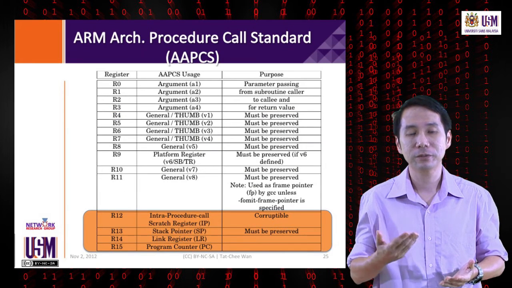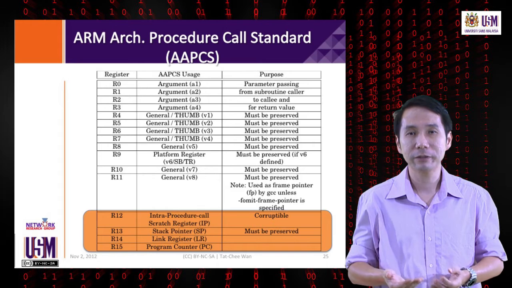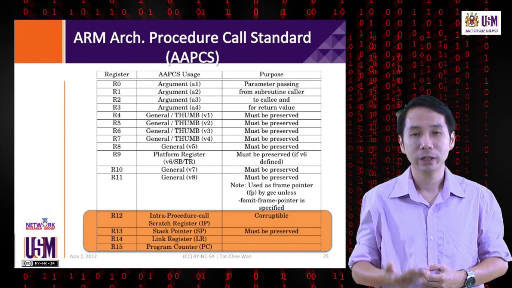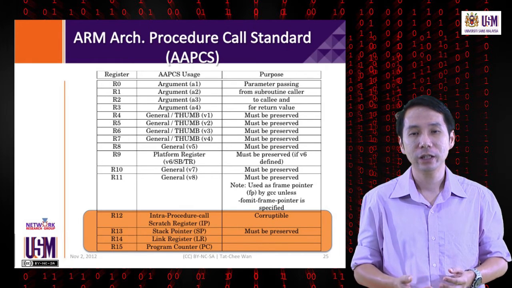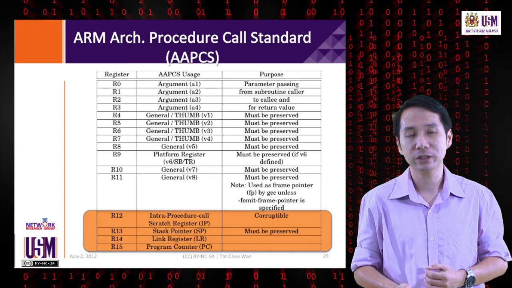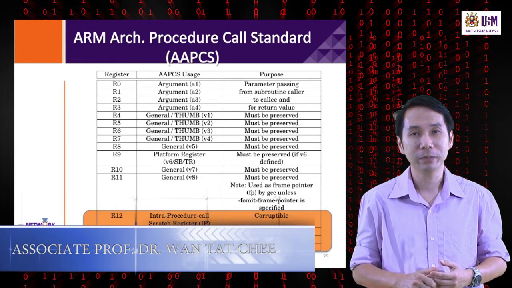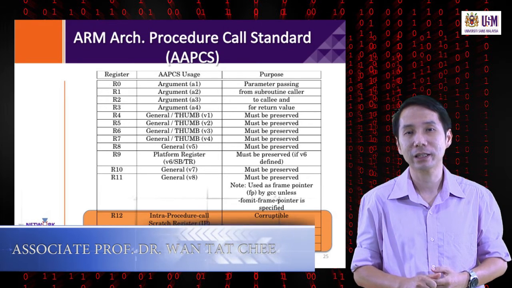Lastly, the group of registers R12 to R15, although they are general purpose registers, have specific functions within any ARM program. R12 is normally used as an intra-procedure call register, and it does not need to be preserved. However, R13 is typically used as a stack pointer and must be modified carefully, otherwise it will cause stack corruption to occur.